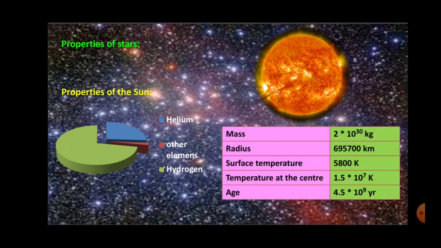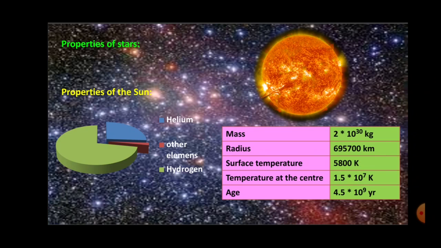Then the properties of the sun. The mass of the sun is 2 into 10 raised to power 30 kg. Its radius is 6,95,700 kilometers, students, right?